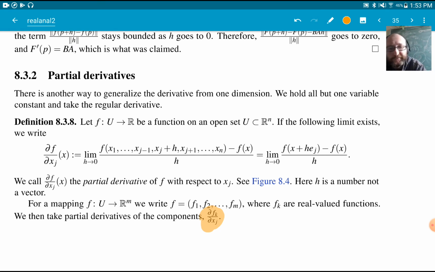So for each k and j, you have a partial derivative. So you have m times n numbers at each point that you can try to compute, if you can compute them.